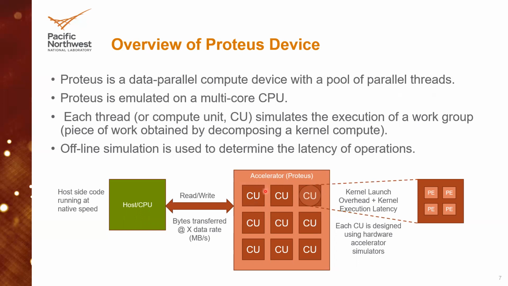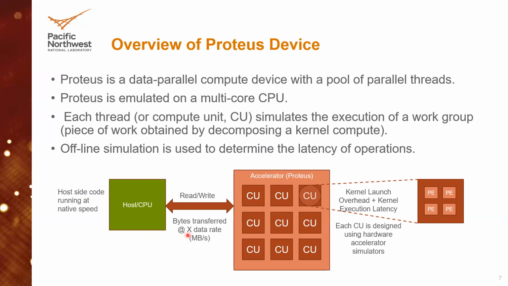The idea is that you run offline simulations to obtain performance estimates for the execution of the kernel on this particular compute unit. You plug these numbers into this simulator, and it gives you a performance estimate from an end-to-end application perspective.